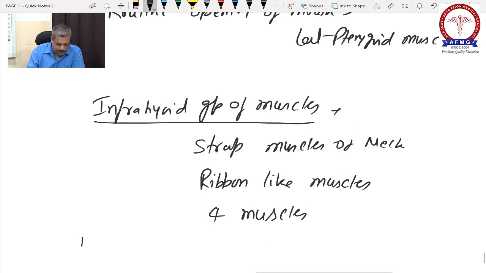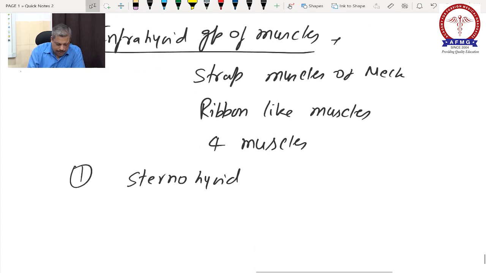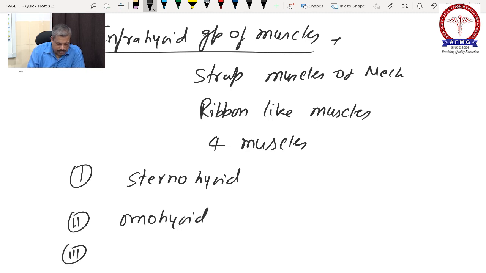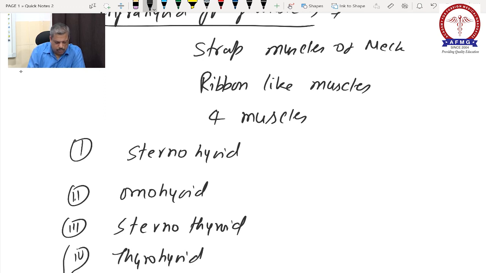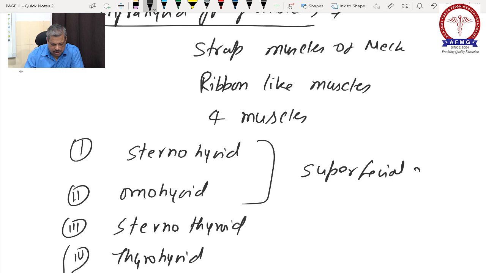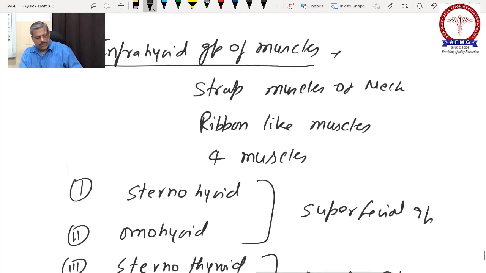Their names are: number 1, sternohyoid; number 2, omohyoid; number 3, sternothyroid; and number 4, thyrohyoid. Of these, the first 2 are present in the superficial group, and sternothyroid and thyrohyoid are present in the deep group. Clear?